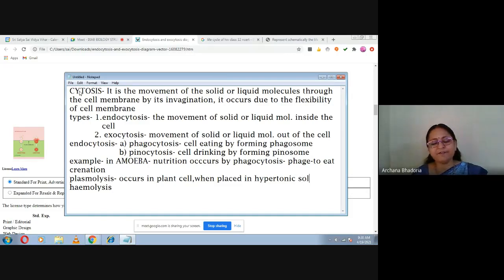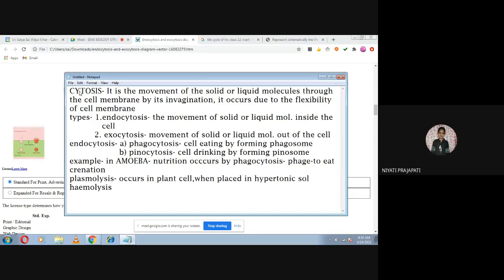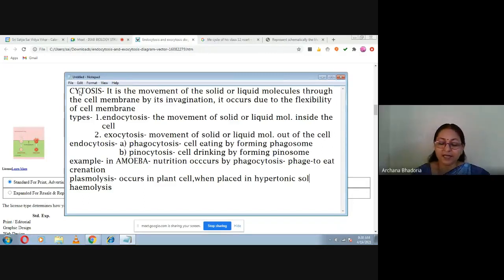Or you should say, if it is a living system, we will not say placed in. When the outside solution is hypertonic. What do you say, children? Is it clear? So which osmosis will occur?